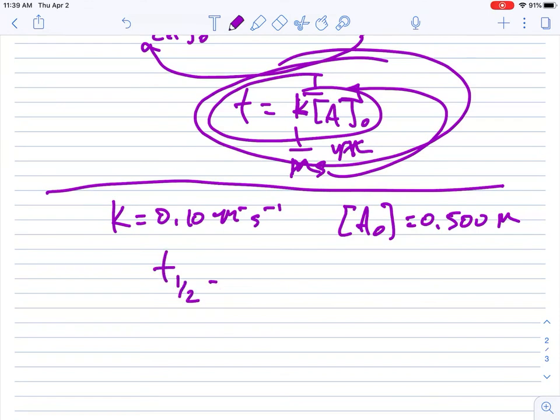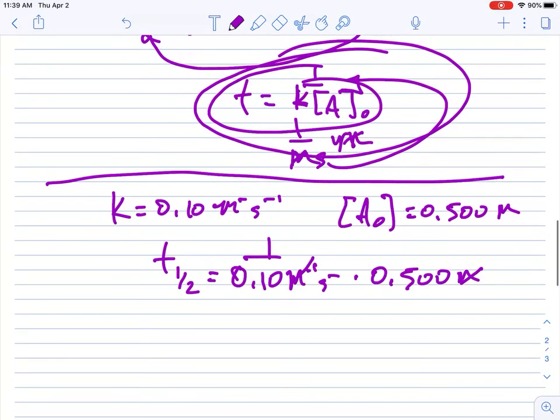Okay, so my half-life would be 1/(0.10 M^-1 s^-1 times 0.5 molar). The molars cancel out. The seconds flip up. I get a half-life then of 20 seconds.